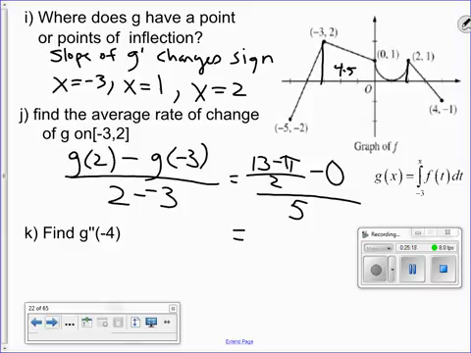Okay, what's the flip? Okay, so I'm going to keep the 13 minus pi over 2. So you're just going to change division to multiplication. You're just going to multiply by 5? Change it. Yeah, multiply by 1/5, right? 13 minus pi over 10.